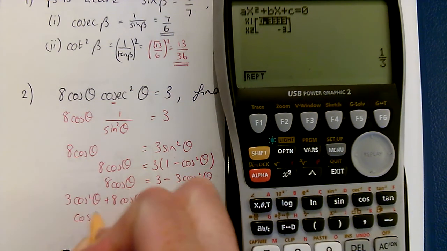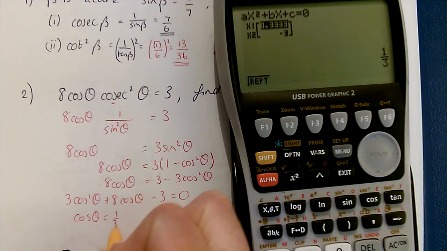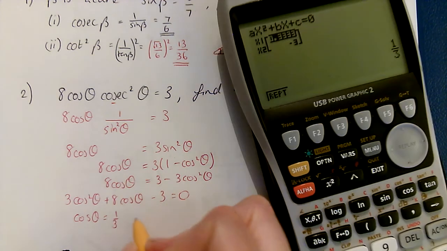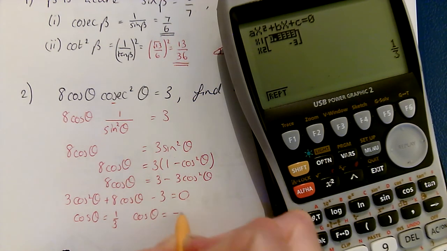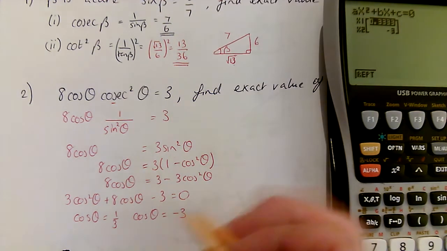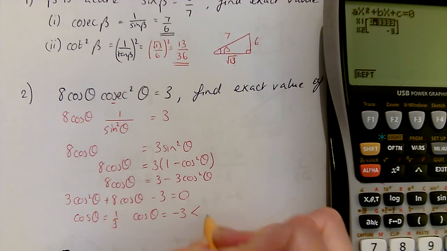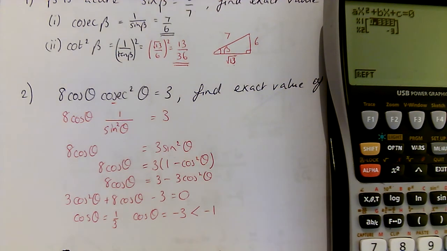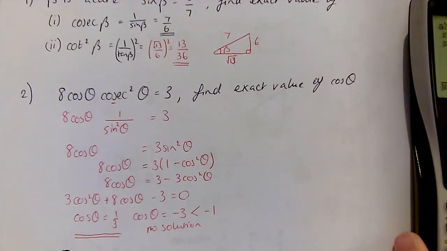So we've got cos theta is 1/3, that seems fine, or cos theta is negative 3. Now, we know that we can't have any values less than negative 1 or greater than 1. So there's no solution from this one, but cos theta could equal 1/3.